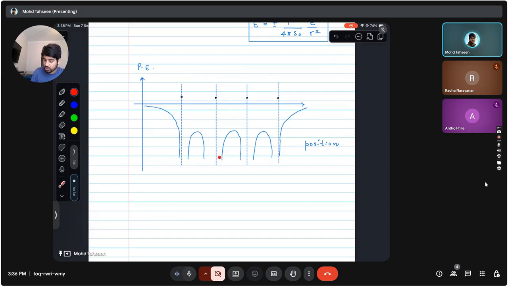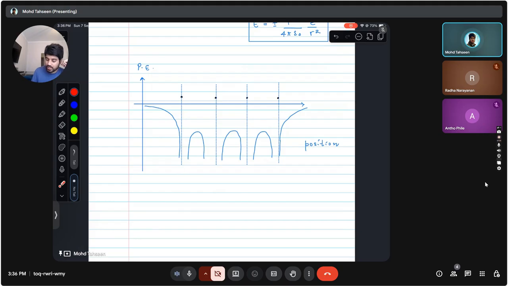Similarly, these two would meet somewhere, and these two would meet somewhere. Okay, so that is how the electrostatic potential experienced by an electron moving inside a solid would look. This is called a potential well diagram.